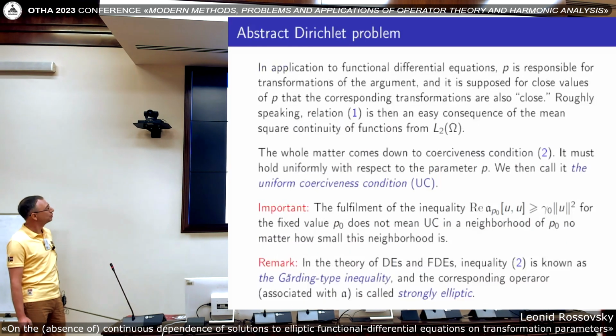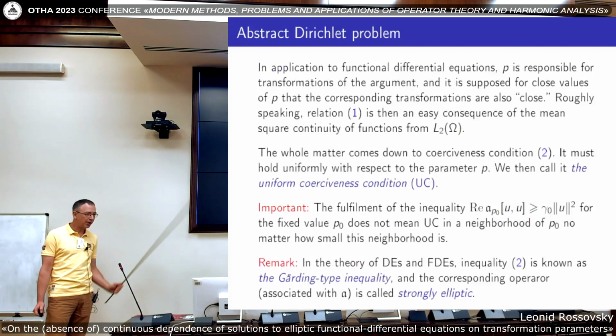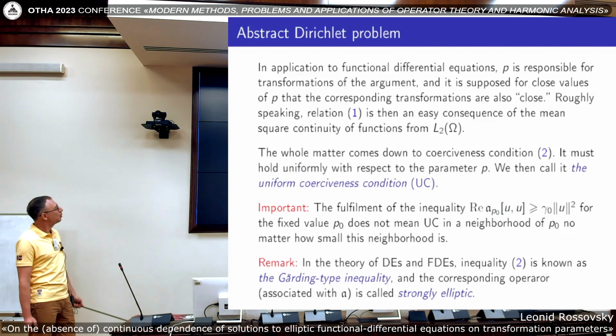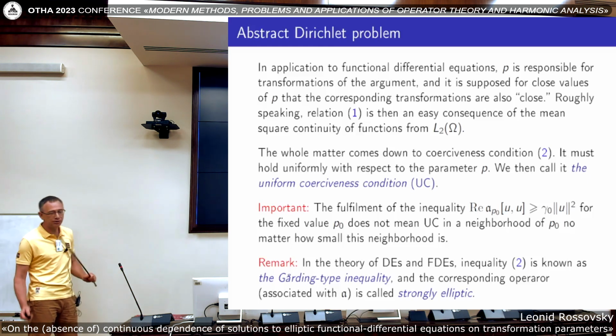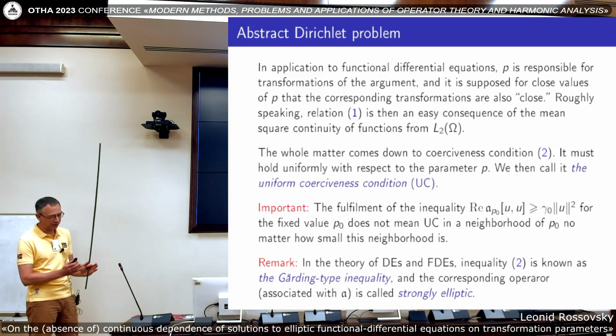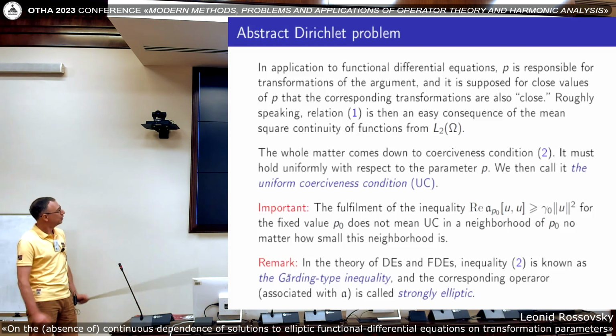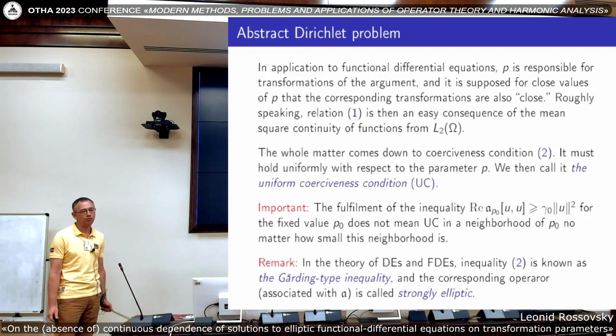And in application to functional differential equations, this parameter P is responsible for transformations of the argument, and it is supposed that for close values of P the corresponding transformations are also close in some sense. Roughly speaking, relation 1 is an easy consequence of the mean square continuity of functions from L2.